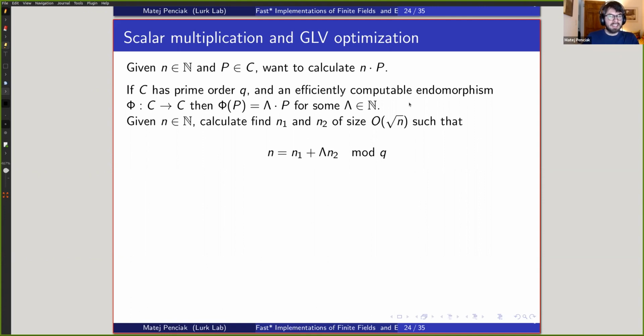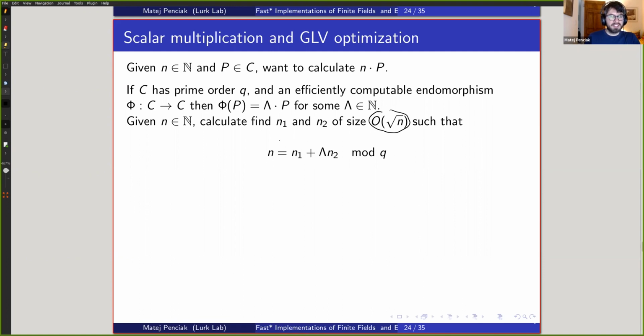And the idea is that once you know an efficiently computable endomorphism, you can reduce the scalar multiplication for n times p into two separate scalar multiplications, n1 times p and n2 times p, where n1 and n2 are of size square root of n.